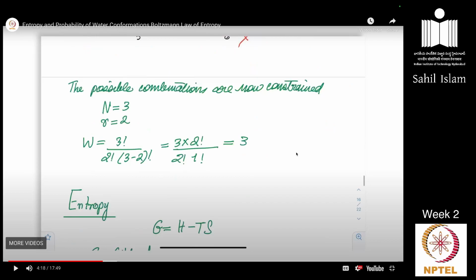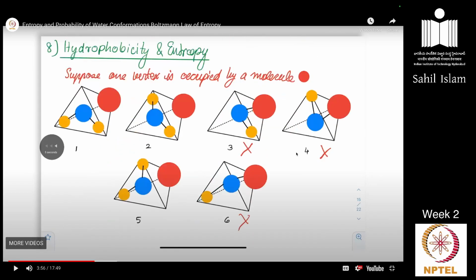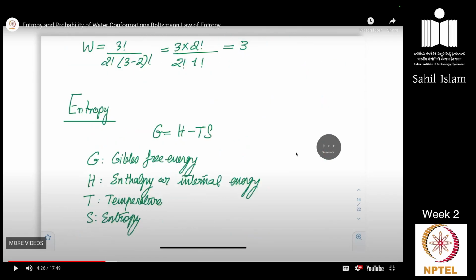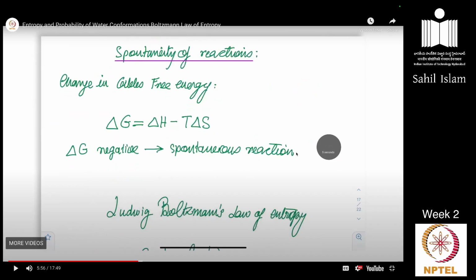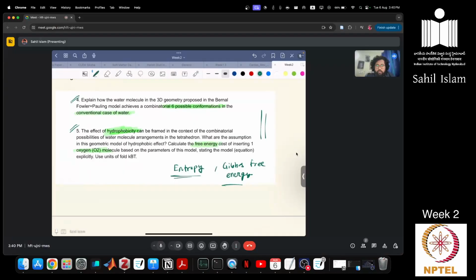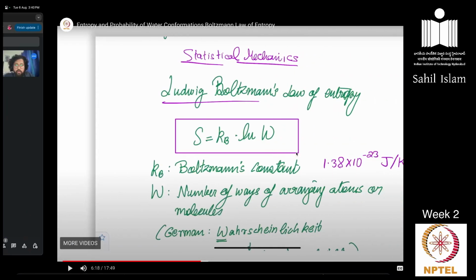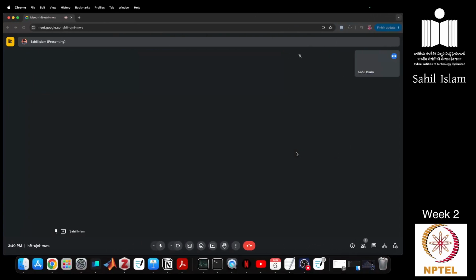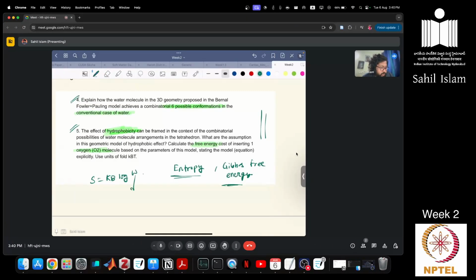Here you can see G equals H minus TS, where S is entropy and H is enthalpy. If you go through your thermodynamics properly, you will know S is Kb log omega, so it says log W, where W is the number of ways the molecules can be arranged.